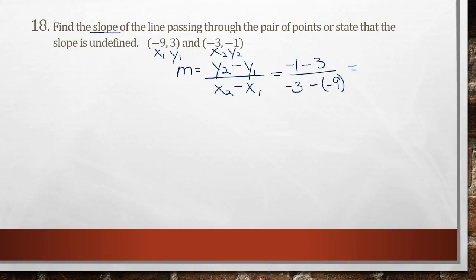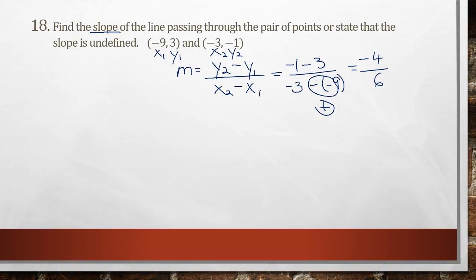So I get -1 minus 3, same signs, I add, keep the sign, I get -4, and in the bottom I can combine these two signs using multiplication, so a negative times a negative is a positive, and then I have opposite signs, so I always subtract, keep the sign of the larger number. In my case, the larger number is 9, so my answer will be positive, and 9 minus 3 is 6.